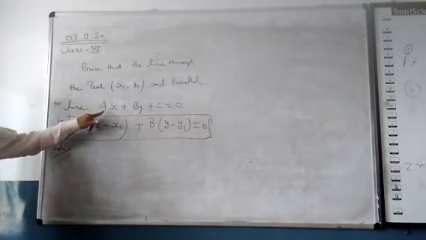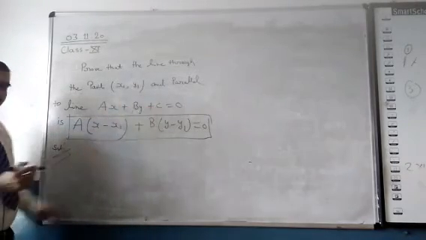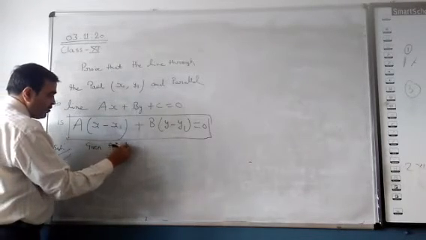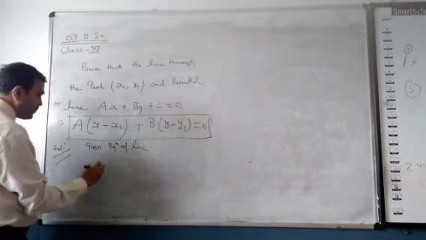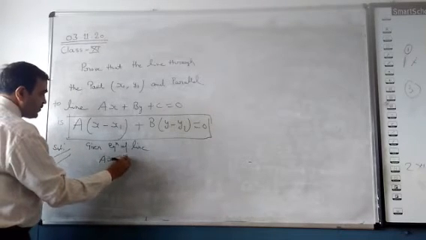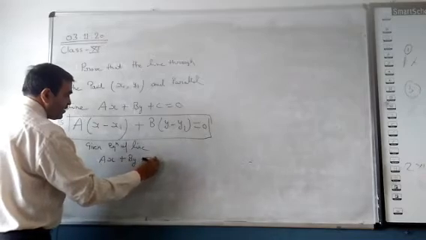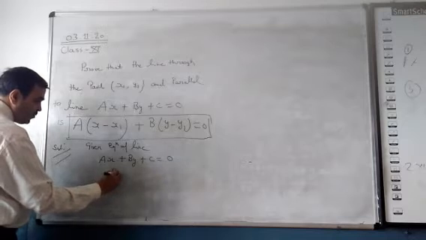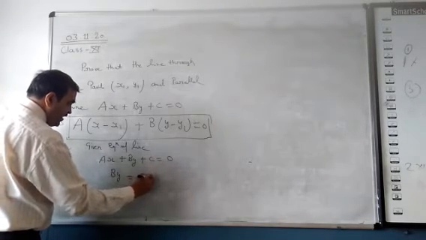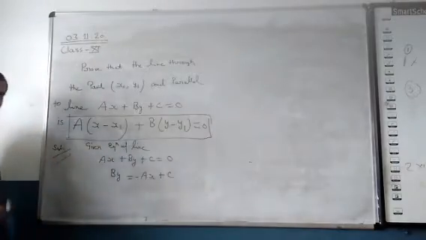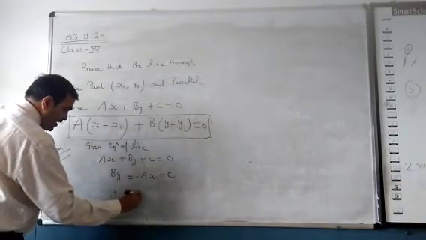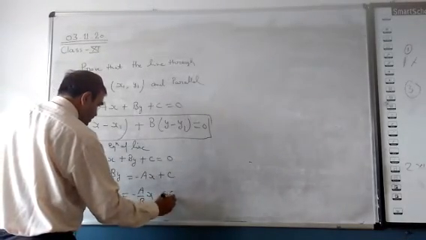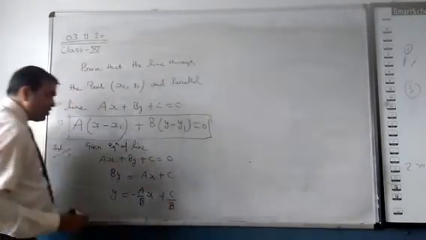Given equation of line is ax plus by plus c equals 0. This means by equals minus ax minus c, so y equals minus a upon b x minus c upon b.